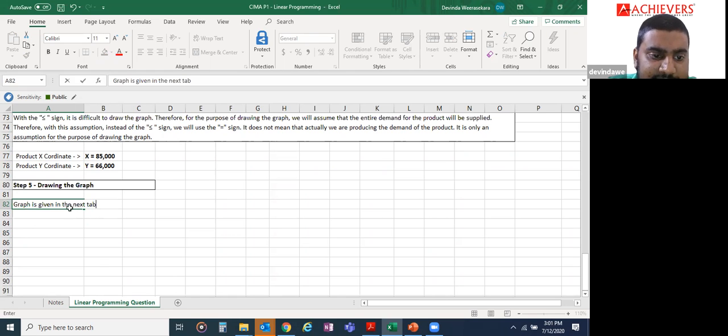I'll paste the graph onto the next tab later, once we are completed with the graph.